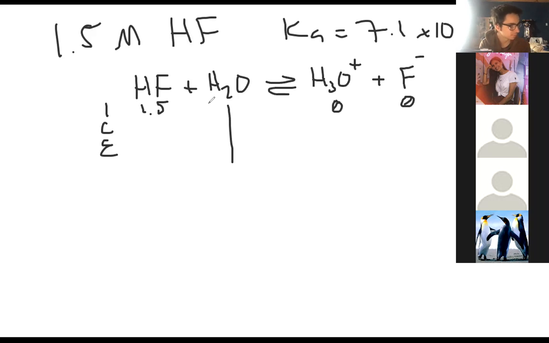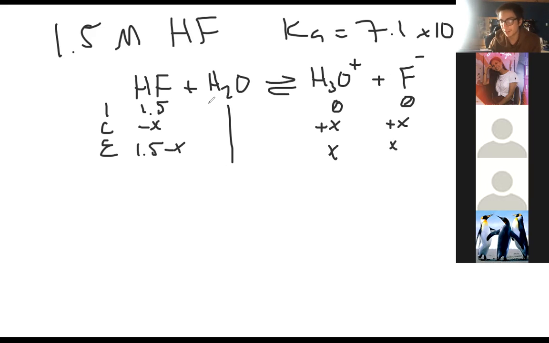This is everything that we could determine based off of what's given to us. Our change in HF is going to be minus X, because we don't know yet until we do our calculations. H3O plus, because it's 1-to-1, plus X, and F minus plus X. So that at equilibrium, we have 1.5 minus X, X, and X.